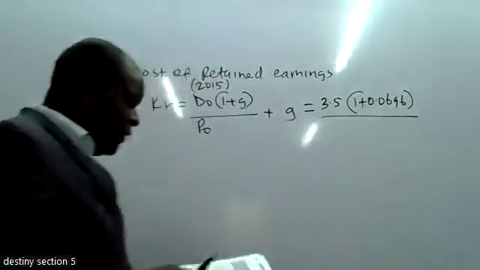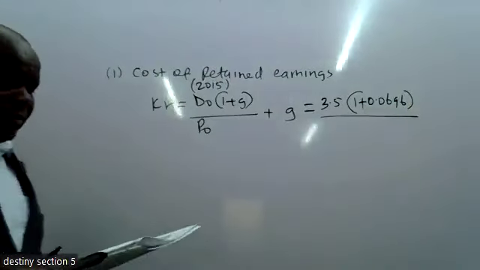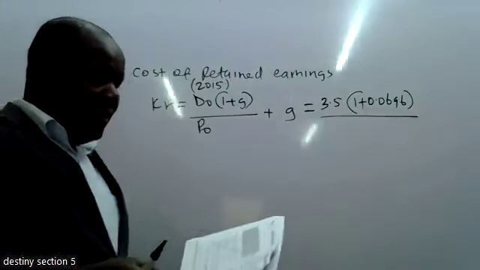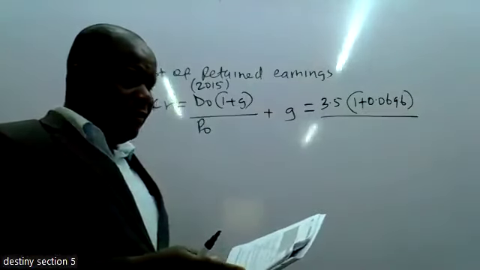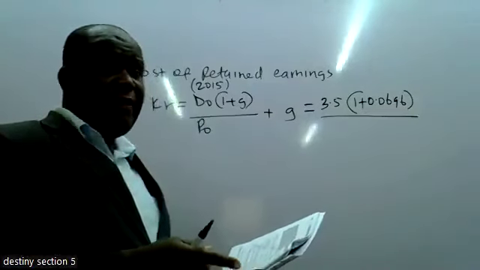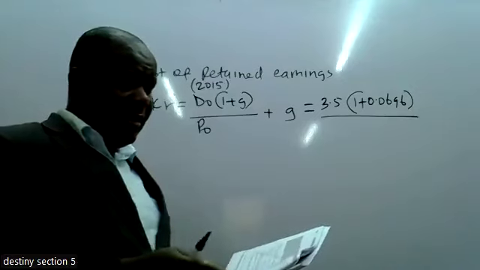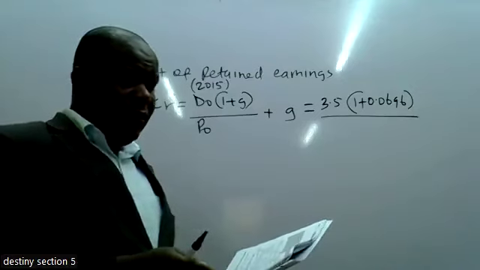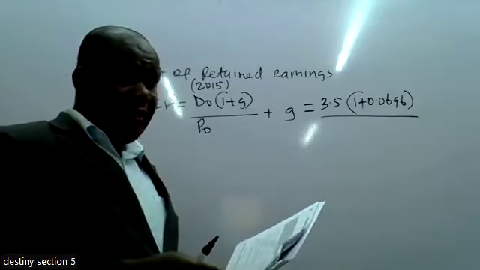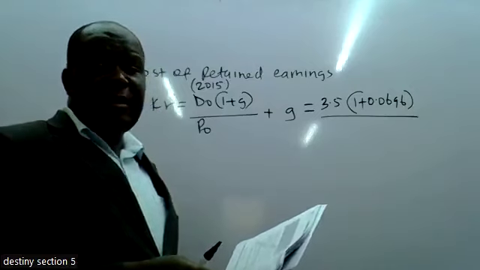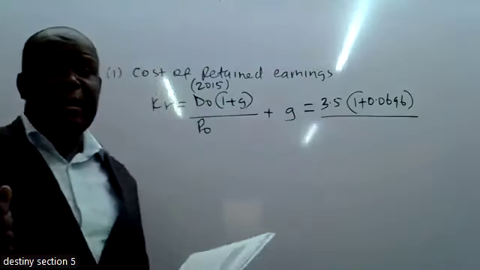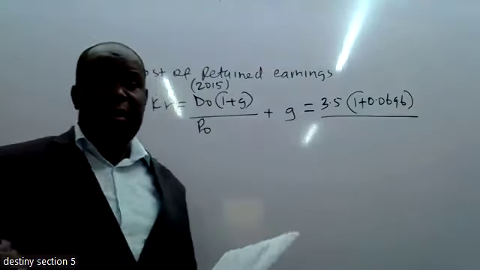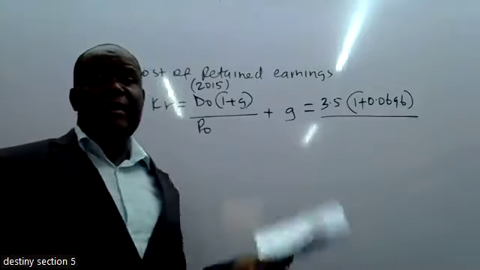So P0 was given to you in note number 2, where they said that the market price per ordinary share on 1st of January was 25, which was ex dividend. It has already paid the 3.5. If it was cum dividend, that means it includes the dividend, so to use it, subtract the 3.5. What we use should be ex dividend.